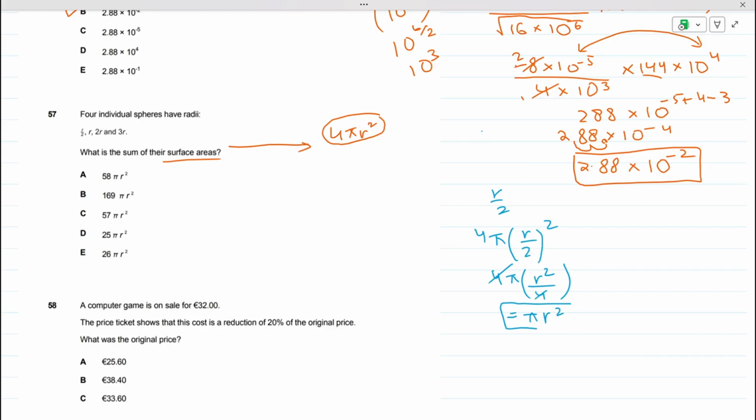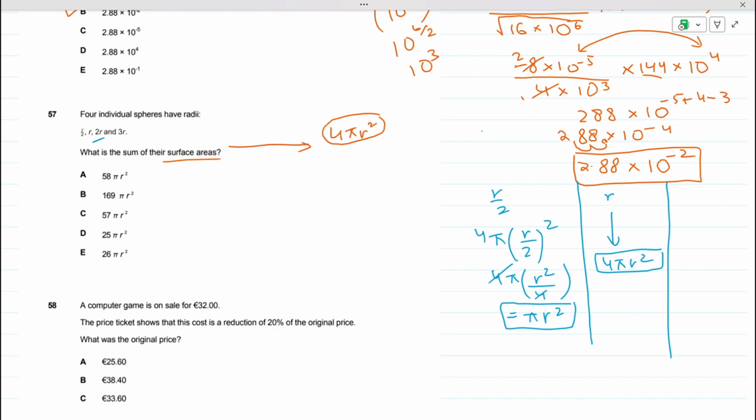We are left with pi r square. So first surface area that has the radius of r by 2, we have gotten pi r square. Second sphere has the radius of r, right? So it would have definitely 4 pi, instead of r, we have to just put r, so r square. So this is the second surface area we have gotten.